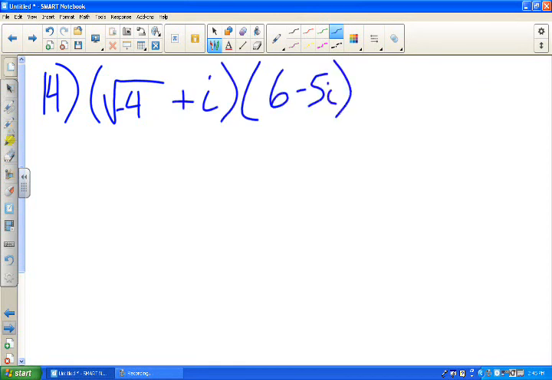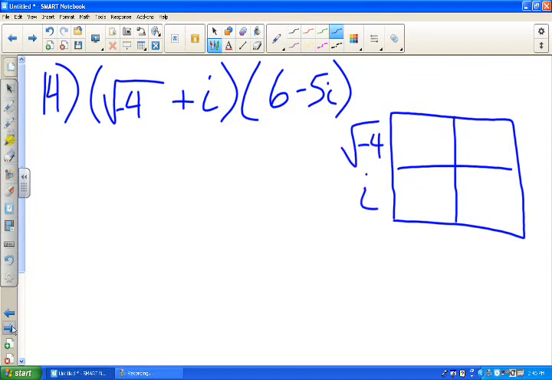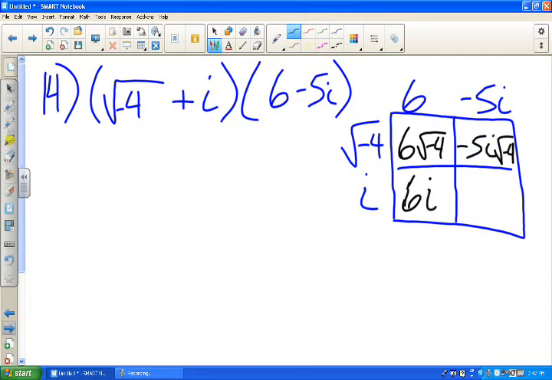For problem number 14, we're going to find the product of two imaginary numbers, and here it's just the FOIL method to distribute all of the numbers through the different parentheses. I'm not going to simplify in the beginning, although you could if you wanted to, but essentially we're just going to multiply the row by the column and then combine like terms and simplify, and that should give us our answer.